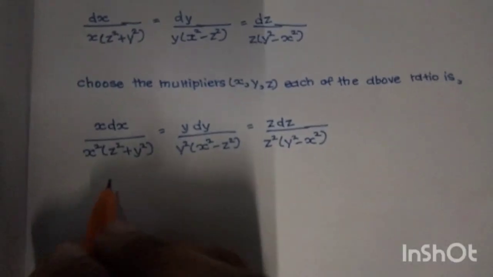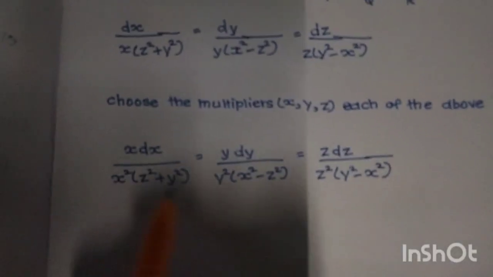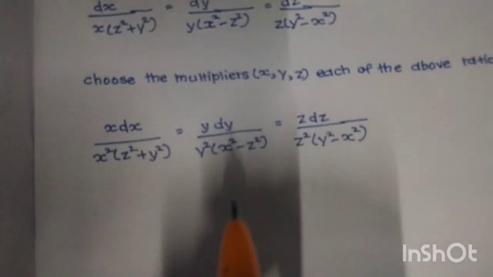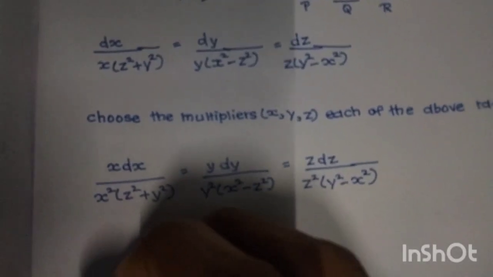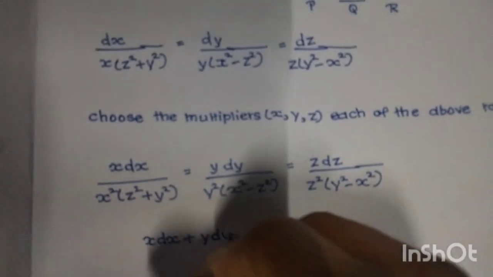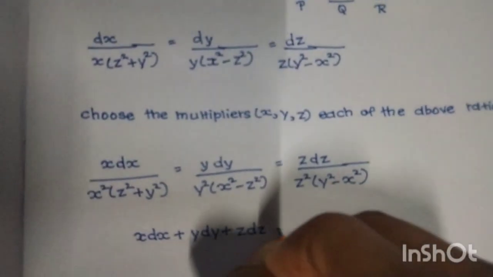So here if we add all of these denominators, it will be 0. So like that we have to choose the multipliers. So leave the denominator and add just the numerators. x dx plus y dy plus z dz equal to 0.